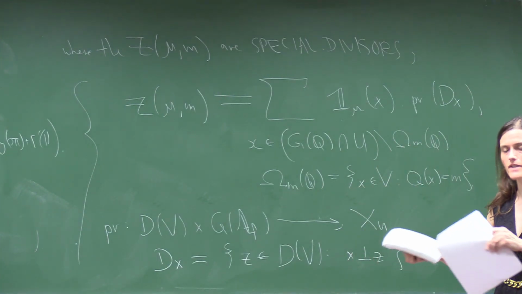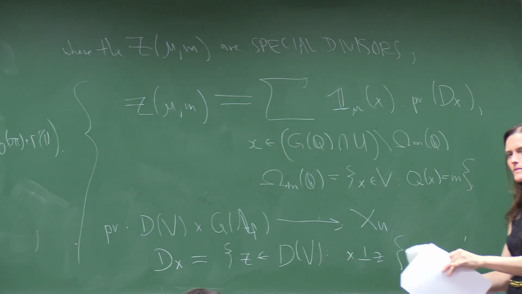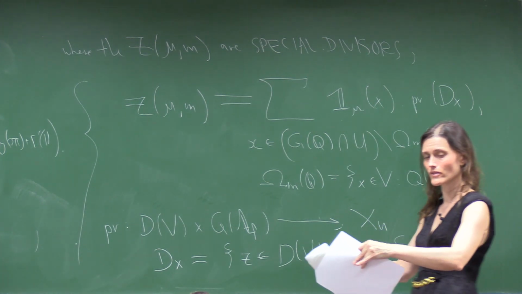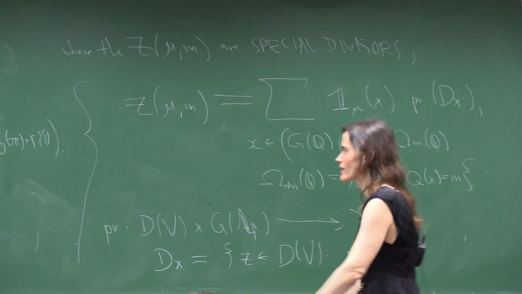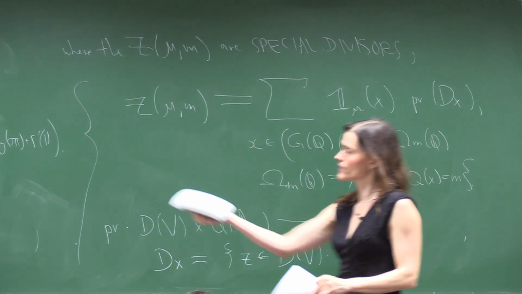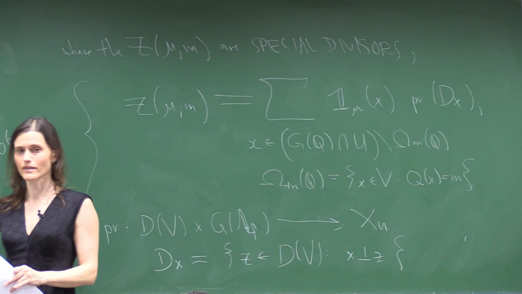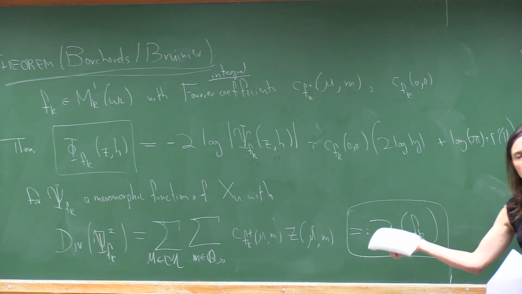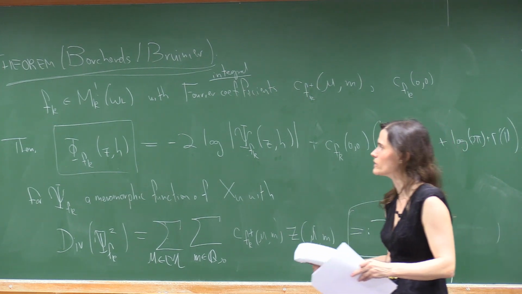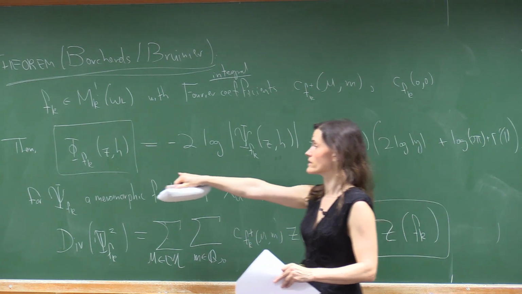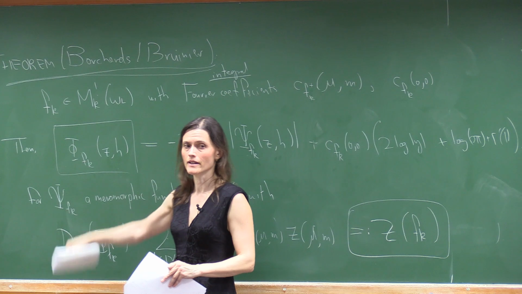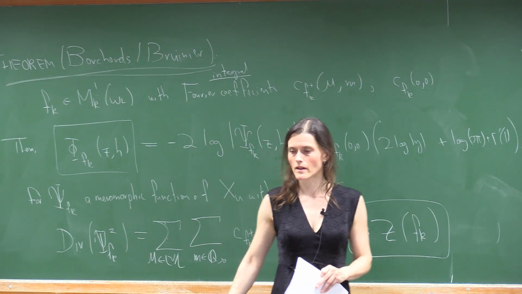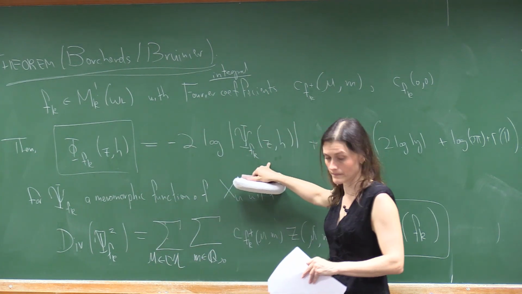Okay, I won't go into full detail, but everything I say here is true and can be made more precise. In a nutshell, all the values of these Green's functions will be periods. It's because of two things. So let me just explain this in a nutshell too. When F_k is a weakly holomorphic form, we have this theorem of Borcherds.